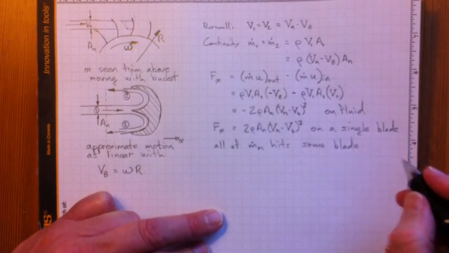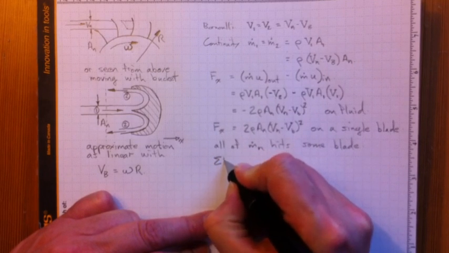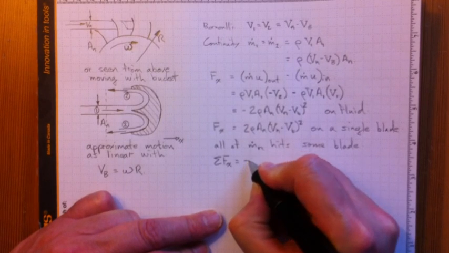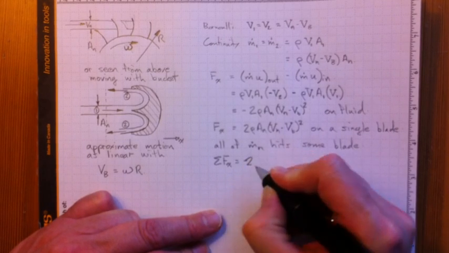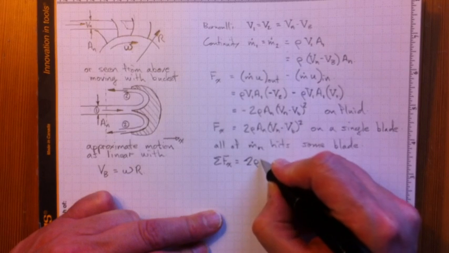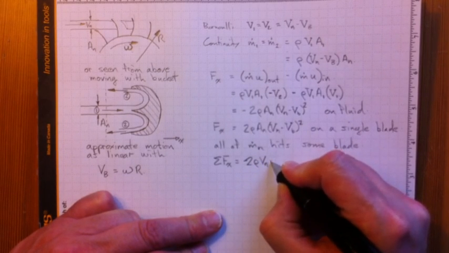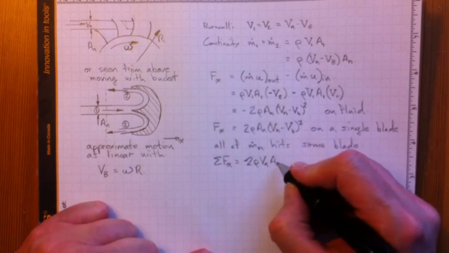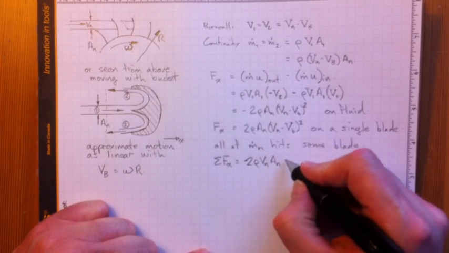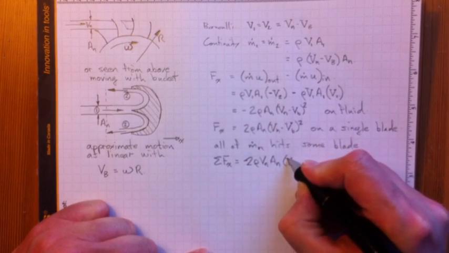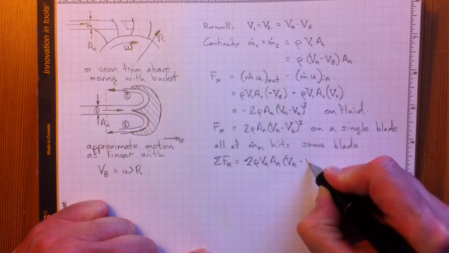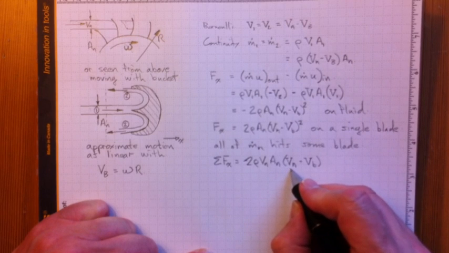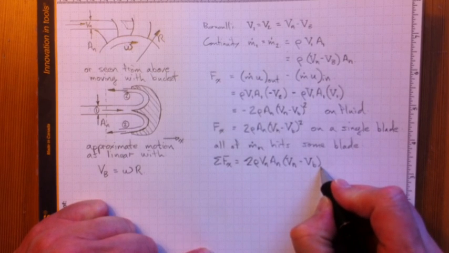As a result, the sum of the forces on all of the blades will be equal to 2 times rho times V normal, A normal, or V nozzle, A nozzle, the mass flow coming from the nozzle, times the velocity of the nozzle minus the velocity of the blade. So this is the mass flow of interest, this is the velocity change of interest.